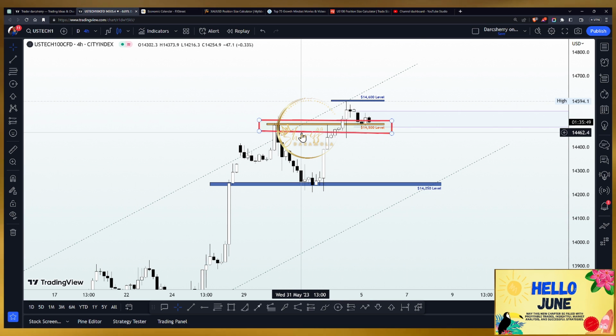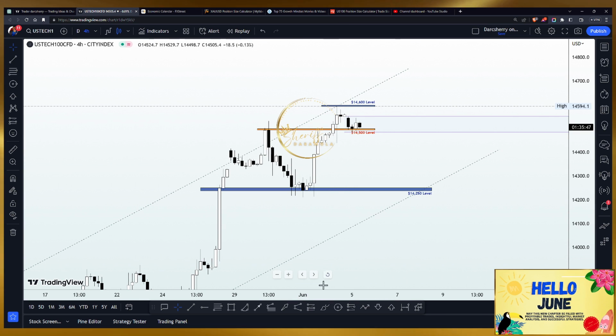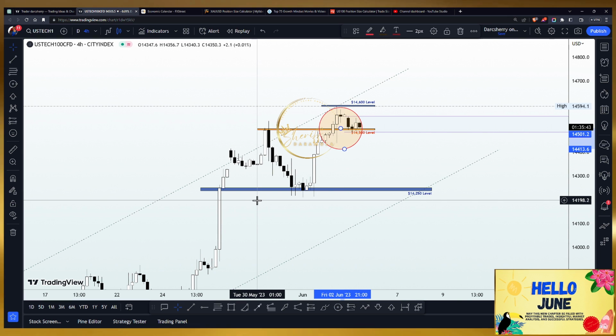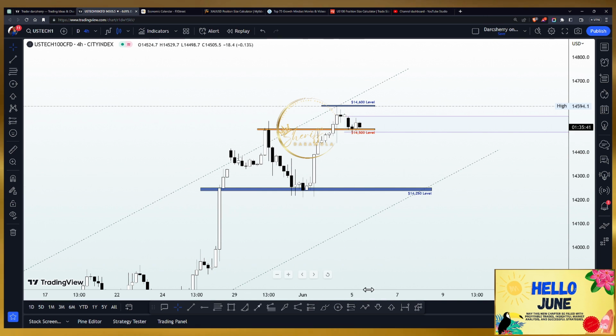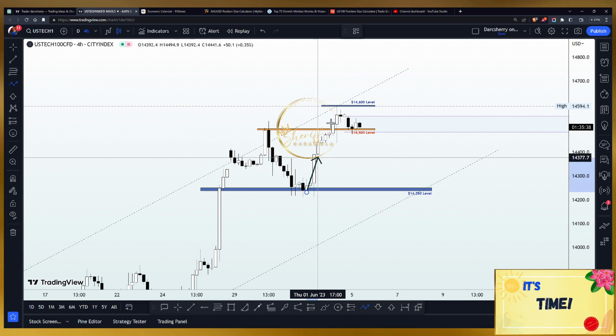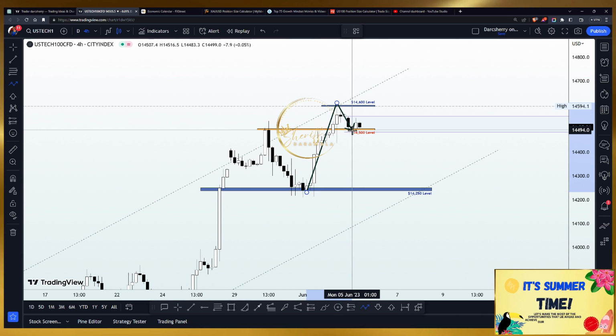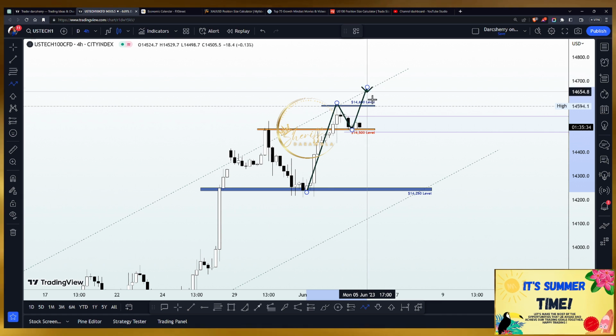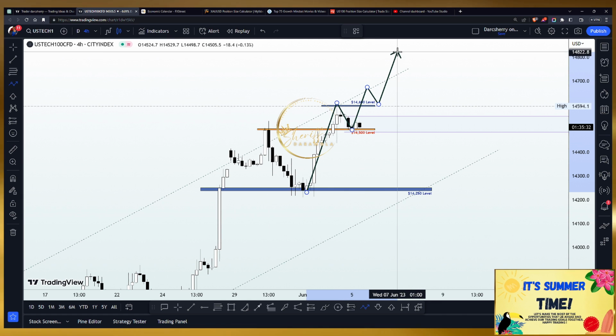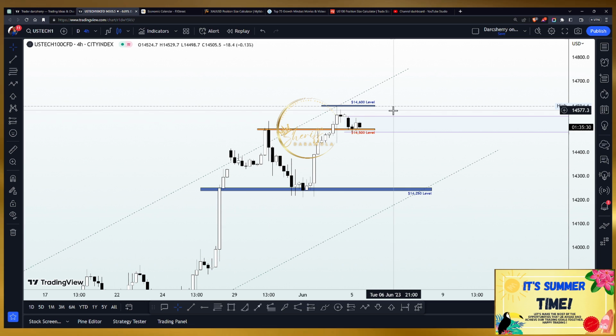Now the next question we are going to be asking here is, is this breakout we see here a true breakout or a false breakout? If it's going to turn out to be a true breakout, then we want to continue to see higher highs, where price action will break out of the 14,600 to welcome more buying opportunities in this market.